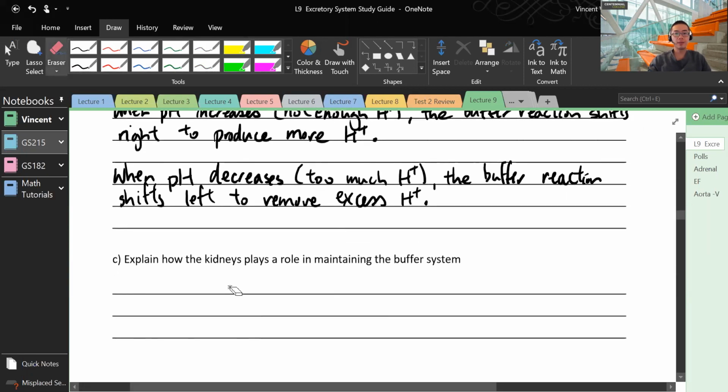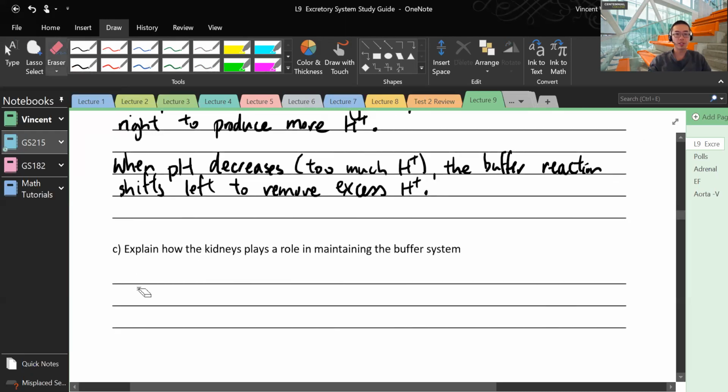Explain how the kidney plays a role in maintaining the buffer system. We talked about it earlier, right?